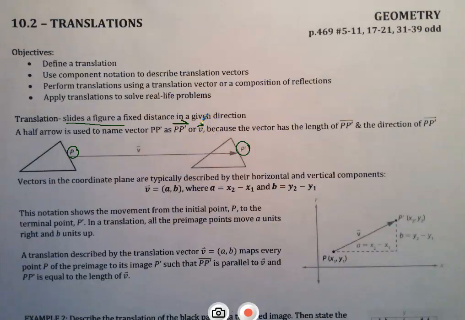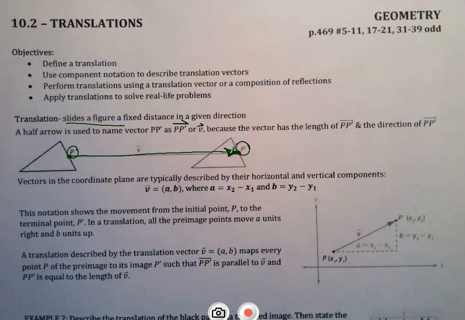Because the vector has a length, from here to here, but the vector also shows the direction. It has an arrow on it to show direction. So there are two components we don't ever think about with an arrow, but a vector shows us the direction and the length.